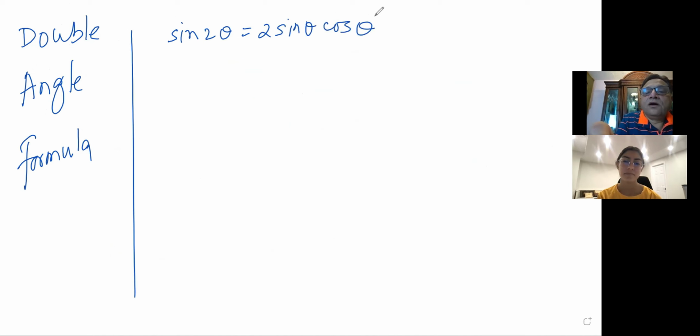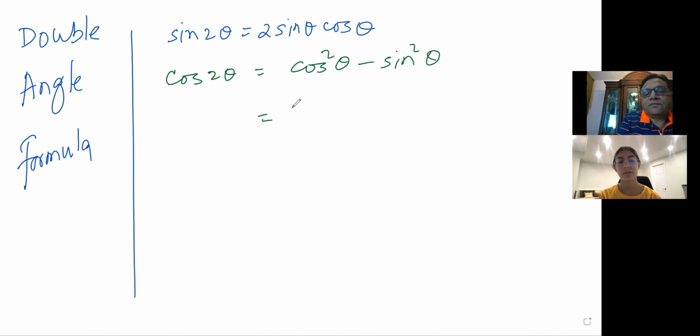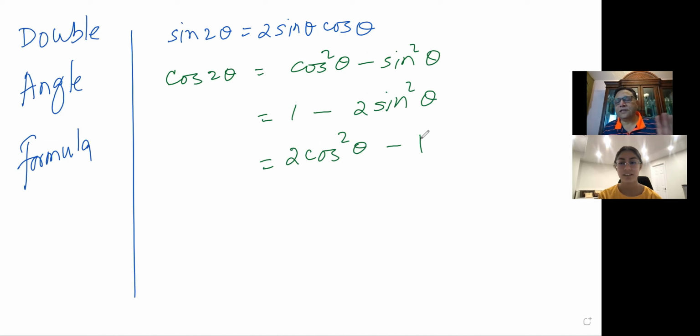However, with cos 2 theta, we had 3 formulas. One is cos squared theta minus sine squared theta. And then we also had the one where you substituted, so it was 1 minus 2 sine squared theta. And then there's the other one with 2 cos squared theta minus 1. So these are your double angle formulas.